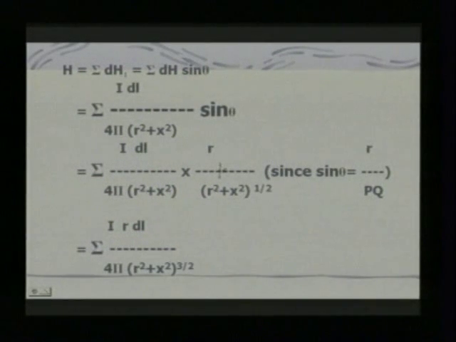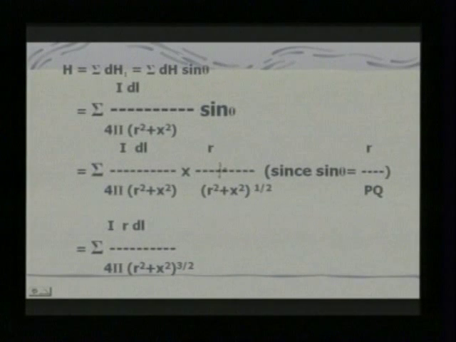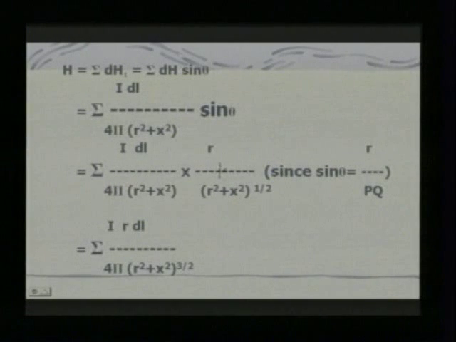total field strength H is equal to sigma dH1, that is the sum of axial components, which is equal to sigma dH sin theta. Therefore, that is equal to I dl by 4 pi (r square plus x square) sin theta, since dH is equal to I dl by 4 pi into (r square plus x square).